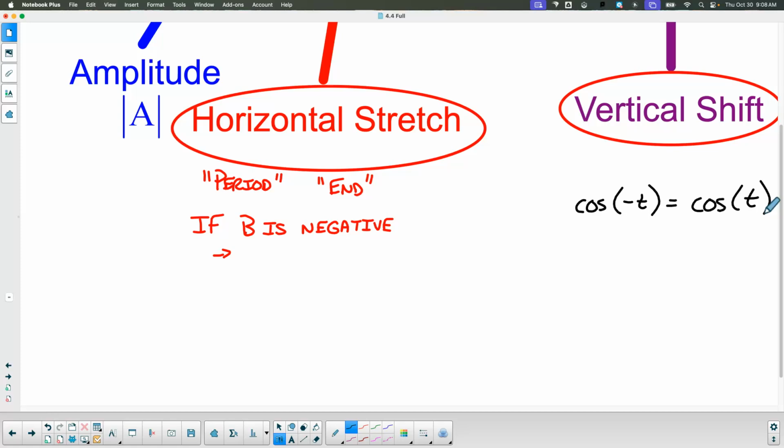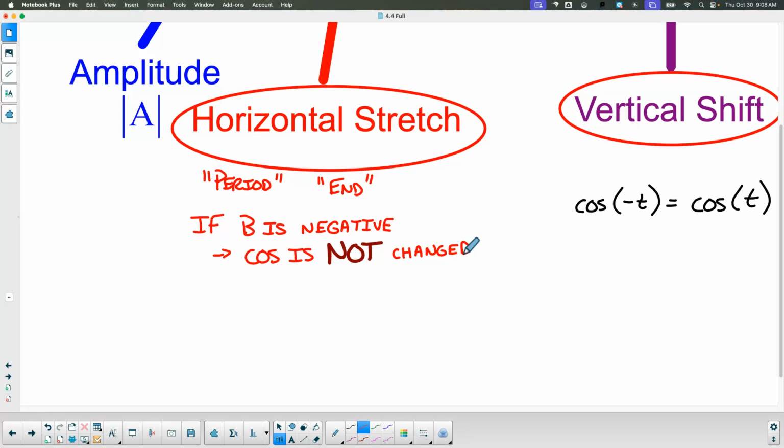So if B is negative, cosine is not changed on a negative B value.